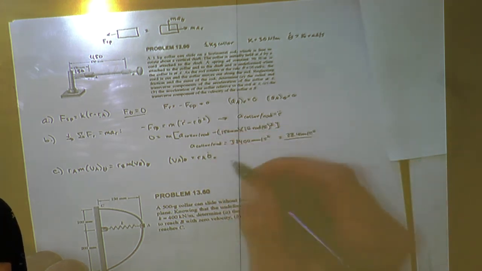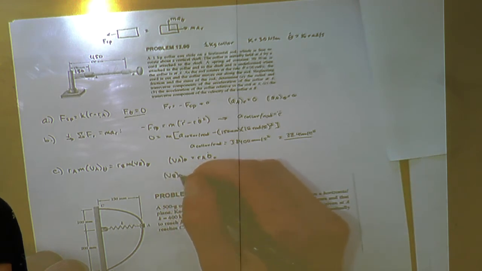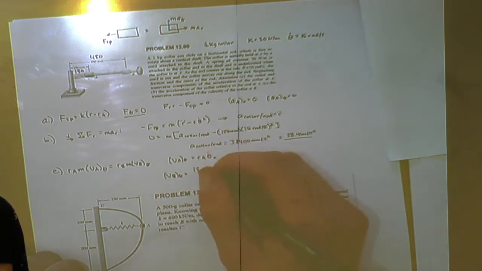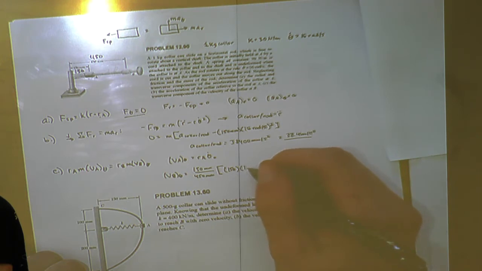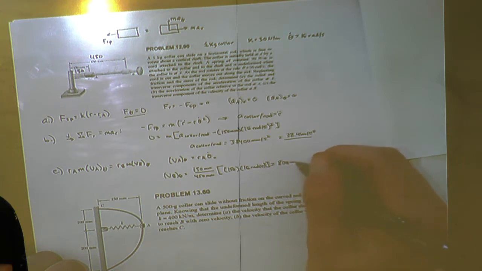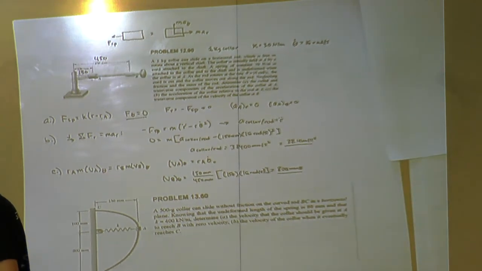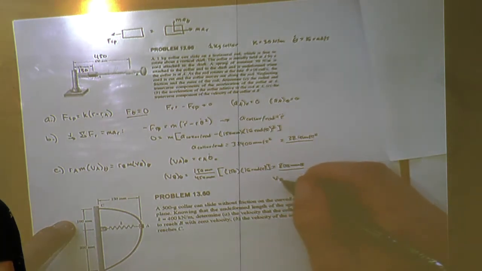So we have v_B theta equal to 150 over 450 times 150 times 16 radians per second. That's going to give us 800 millimeters per second. All right, that is our answer. Put it in meters per second, 800.